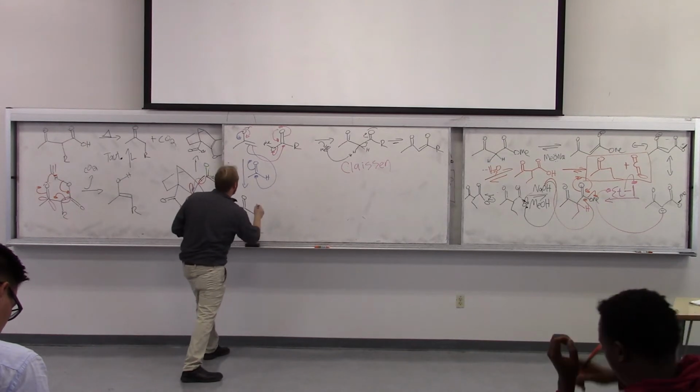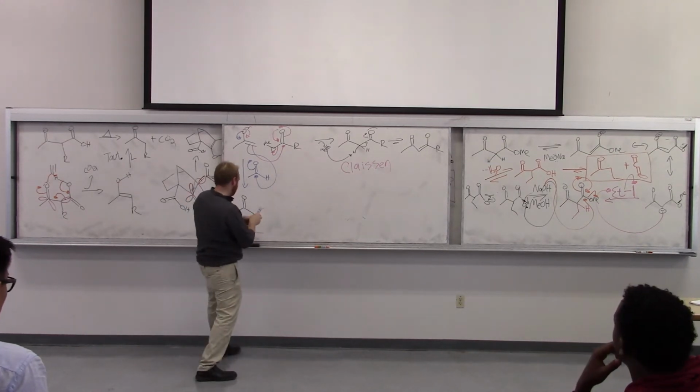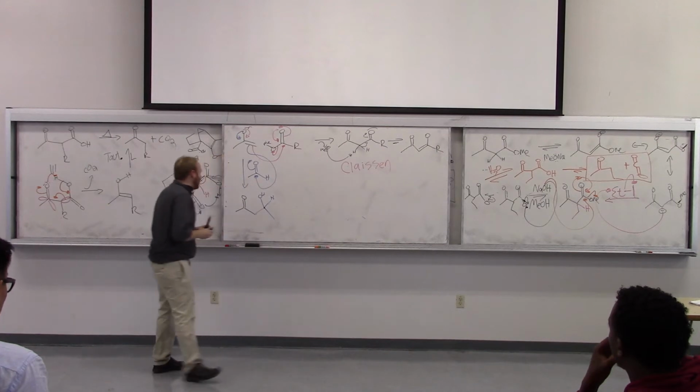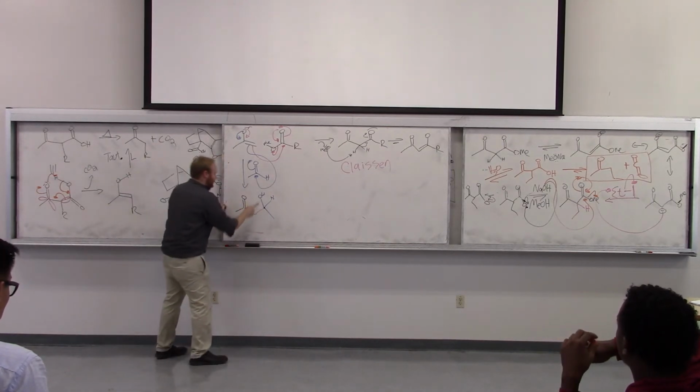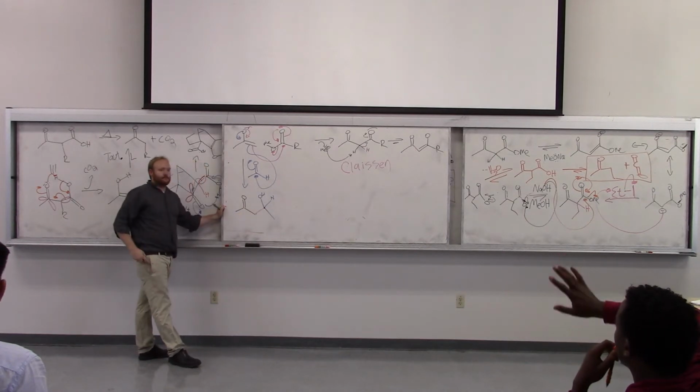And in red, I'll draw the bond that forms. And it gives us this molecule with an alcohol on the carbon beta to it.